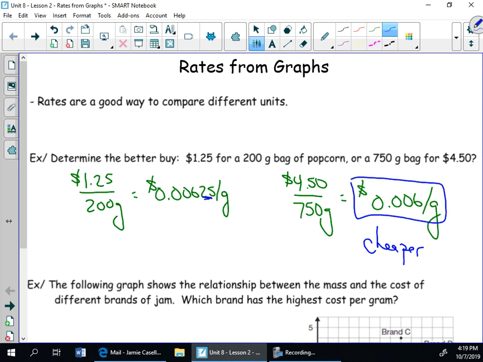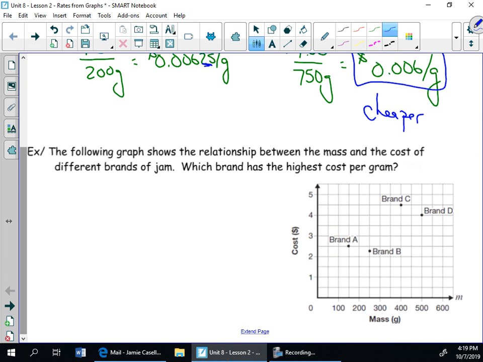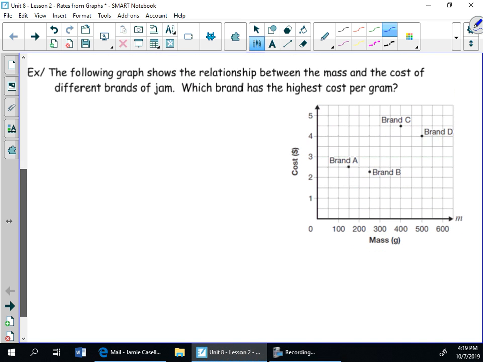Well, I want to take this idea where I can compare different things at different amounts and find a rate to figure which is a better buy. But to do it, I want to get my information in a different way. So here's an example of how we can use a graph to do the same kind of information. This graph shows the relationship between the mass and the cost of different brands of jam.